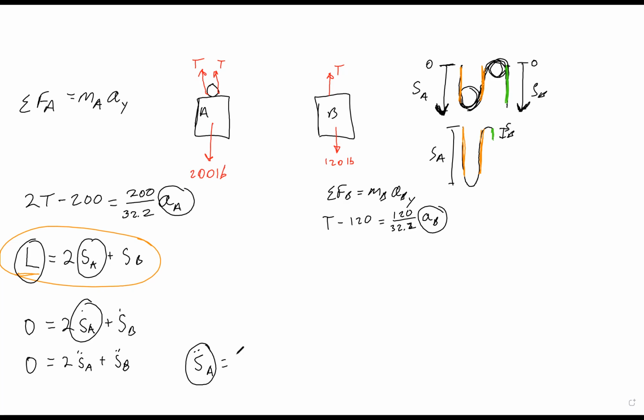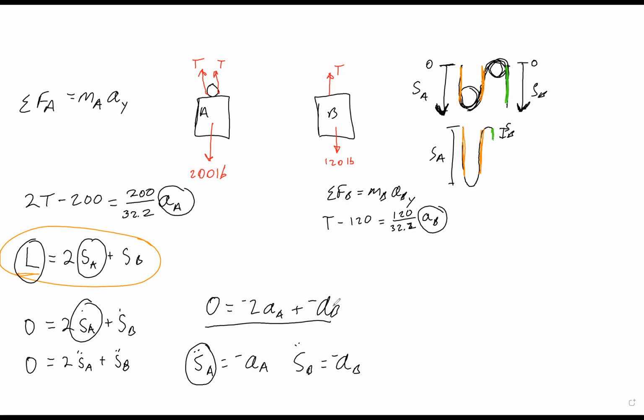So therefore, s double dot A is equal to negative the acceleration of A. And then s double dot B is going to be equal to the negative acceleration of B. All right. So that allows us to have an equation that is 0 equal to negative 2 A sub A plus negative A sub B. This is our third equation.